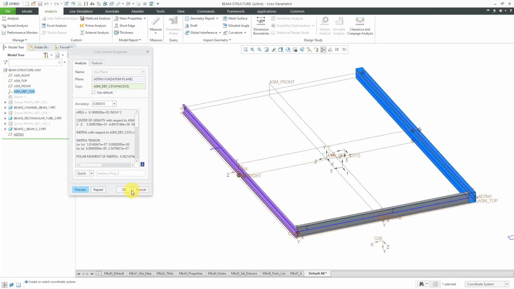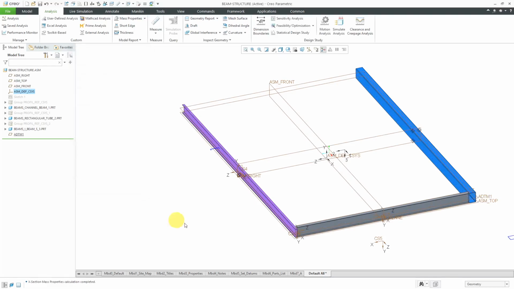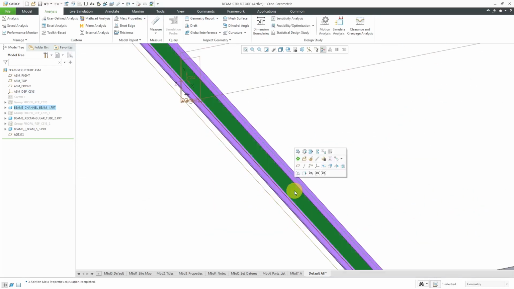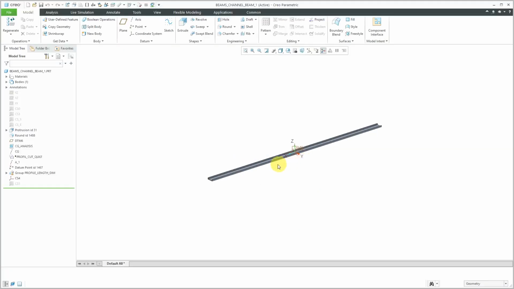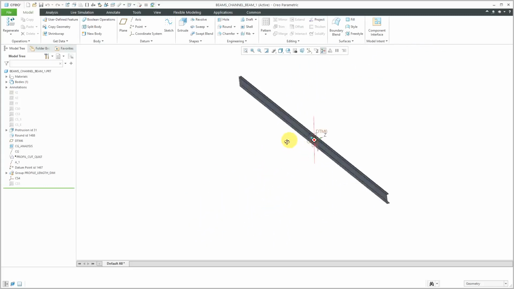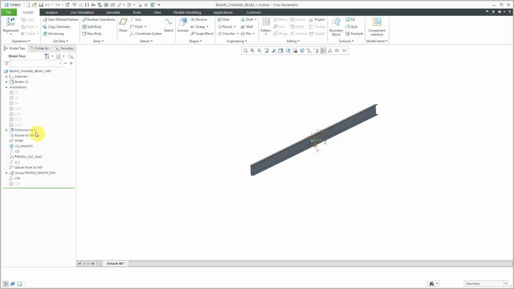Now let's take a look at an example of calculating this for a part model. And I'm going to select this particular beam. Let's click the open icon from the quick access toolbar. And here I've got the model over here. Let me turn on the display of my various different datum planes in here.